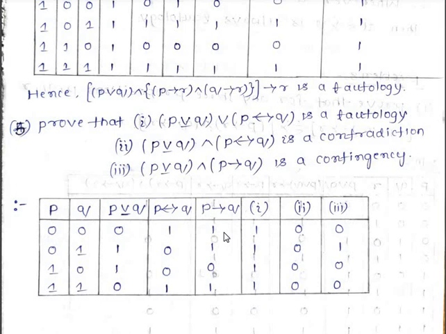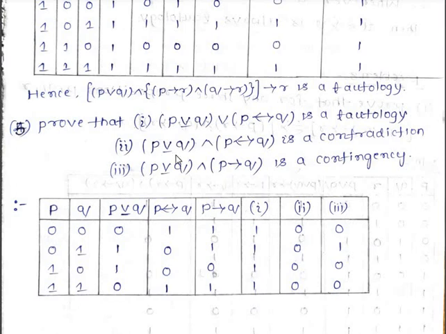So 0 1 gives 1, 1 1 gives 1, 1 1 gives 1, 0 1 gives 1, because it acts like addition. Therefore, from this result we can say that the first one is a tautology.